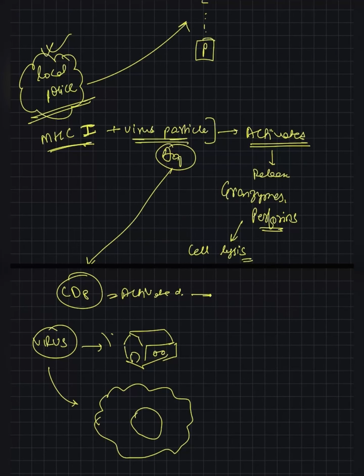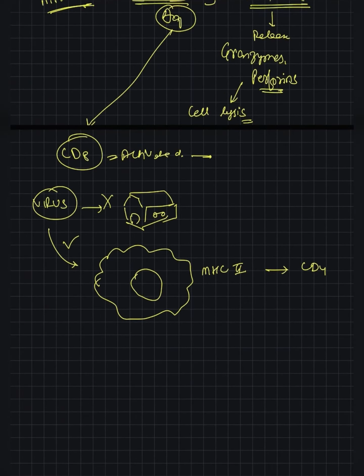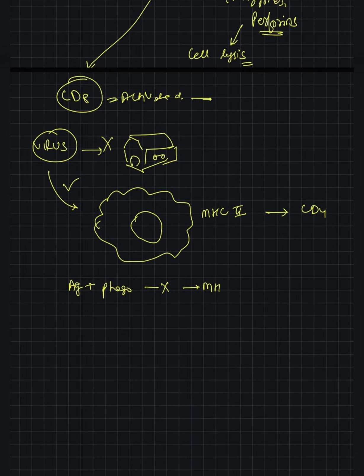Now this macrophage will have MHC2. It means it will be presenting to CD4. So again, phagocytosis, same thing. Virus entry, virus is nothing but viral antigen. Since it is a macrophage, we will consider MHC2.